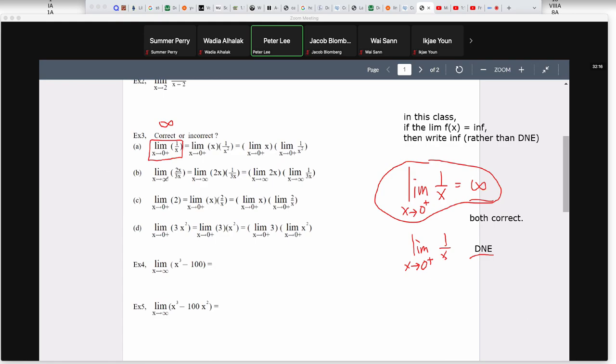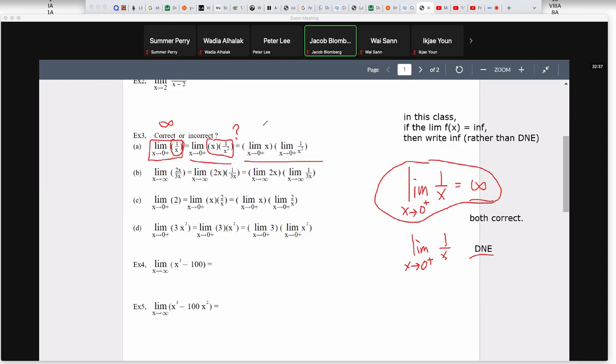Now, 1 over x right here is equal to x times 1 over x squared. Up to that point is not a problem. Now the question is, can you split this? Can you say that the limit is that right there? No, not exactly.